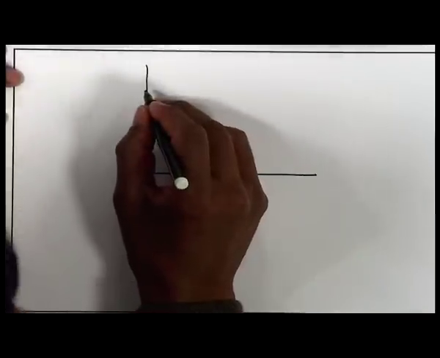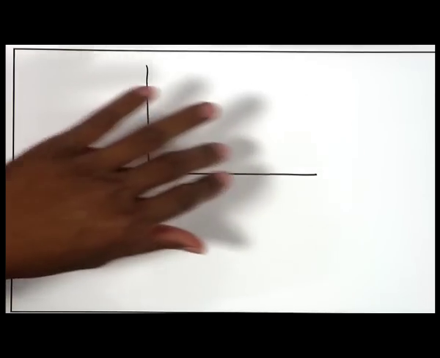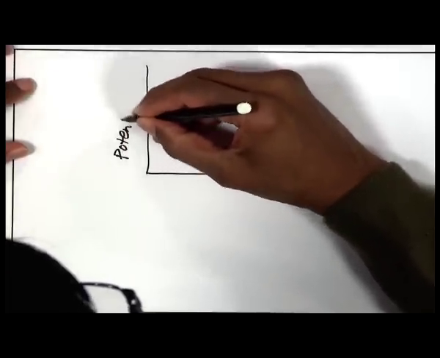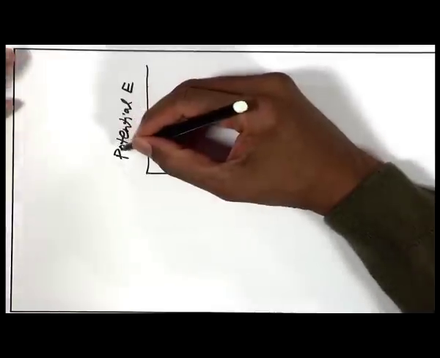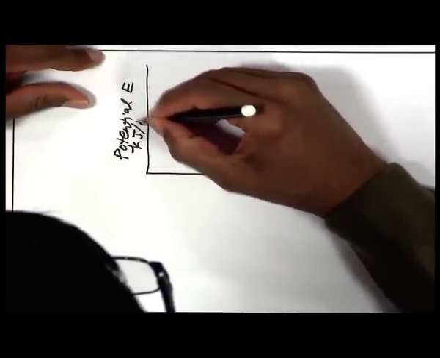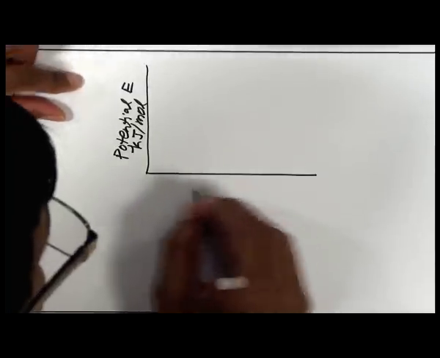This is the electrostatic potential energy, in kilojoules per mole, and this is the distance between the nuclei, the distance between the particles.